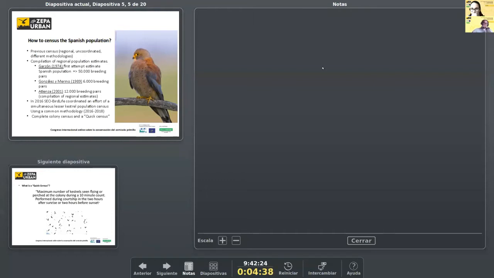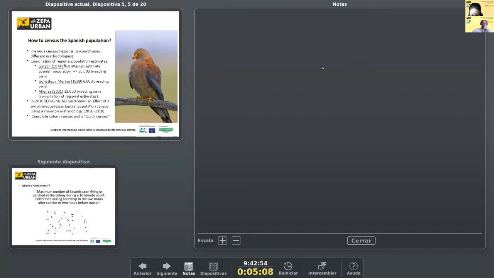Probably these censuses were not really complete. Some areas were not very well prospected, so there was an irregularity of the census effort. Atienza in 2001 estimated 2,000 breeding pairs by a compilation of different regional estimates that were probably more complete than the ones by González and Merino. But at the same time, it was expected that the population had been increasing.